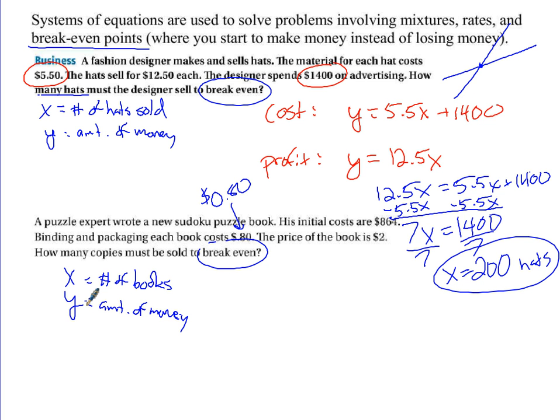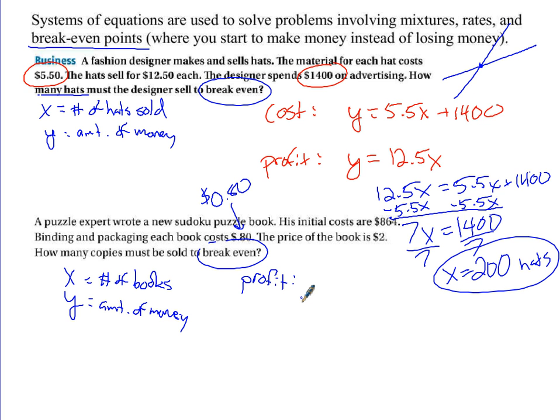Okay, now we need to come up with a couple equations. Which one do you want to do first? It doesn't matter, so just pick one. Well, it's either cost or profit. Okay, profit. So that means we're looking for stuff in the story problem that is doing what?